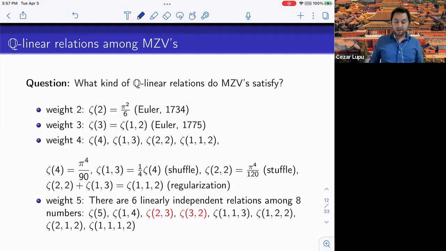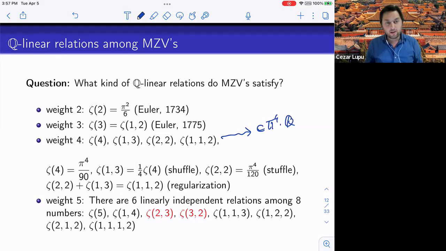In weight 4, we have 4 values. We have a single zeta of 4, 2 double zetas, zeta of 1, 3 and zeta of 2, 2, and 1 triple zeta of 1, 1, 2. But in fact, all 4 of them can be proven to be rational multiples of pi to the 4.